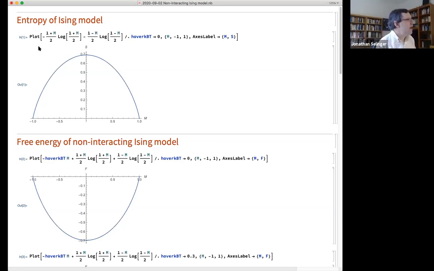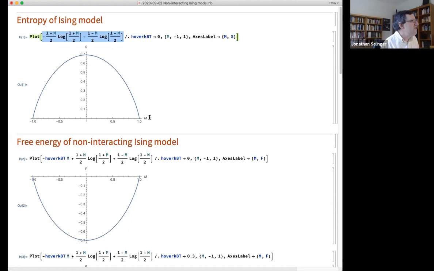Here is a plot of the entropy. So this quantity right there, you see the things I highlight, right? This thing that I just highlighted, this is the entropy that we calculated. So here's entropy on the vertical axis as a function of the magnetic order parameter on the horizontal axis.